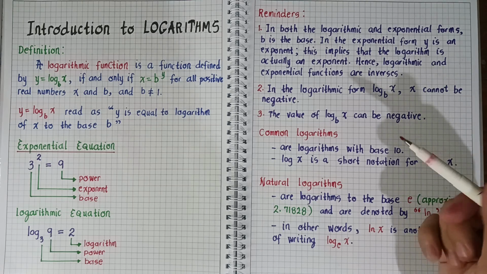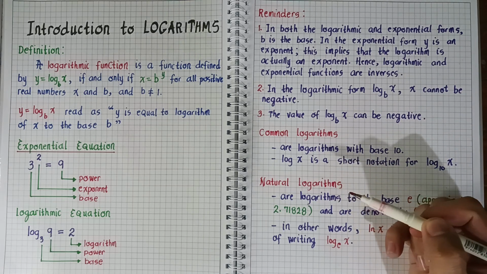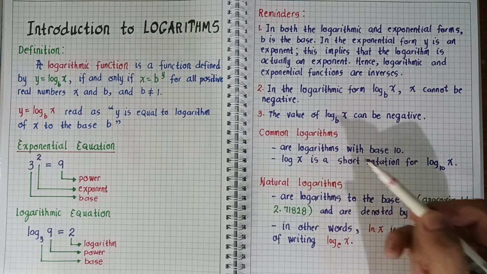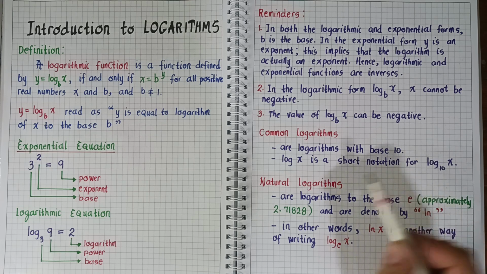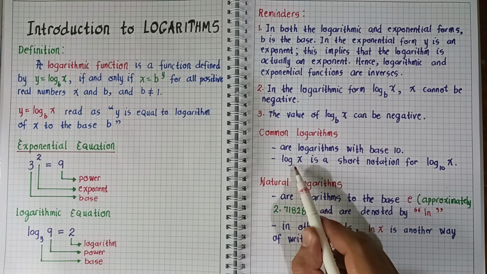Okay, so under logarithms, we have common logarithms and natural logarithms. Common logarithms are those with base 10. When we see something like logarithm of x with no base written, it is considered as base 10.